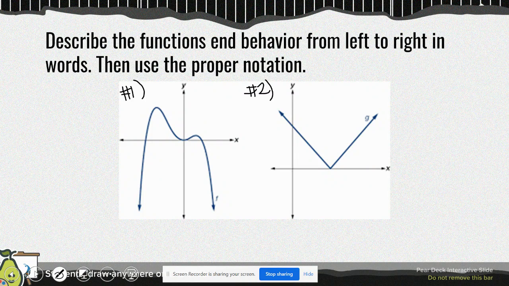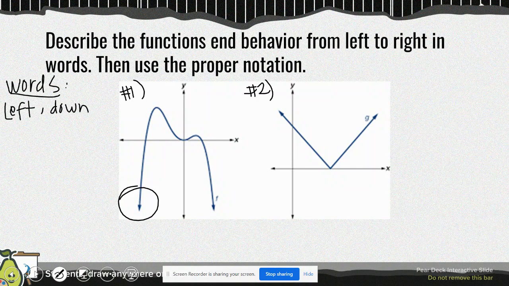And if we were going to describe the end behavior of this function in words for function number 1, we would say that on the left, the function is pointing down. And if I was going to use the proper notation, I would say that as x approaches negative infinity, y approaches negative infinity.